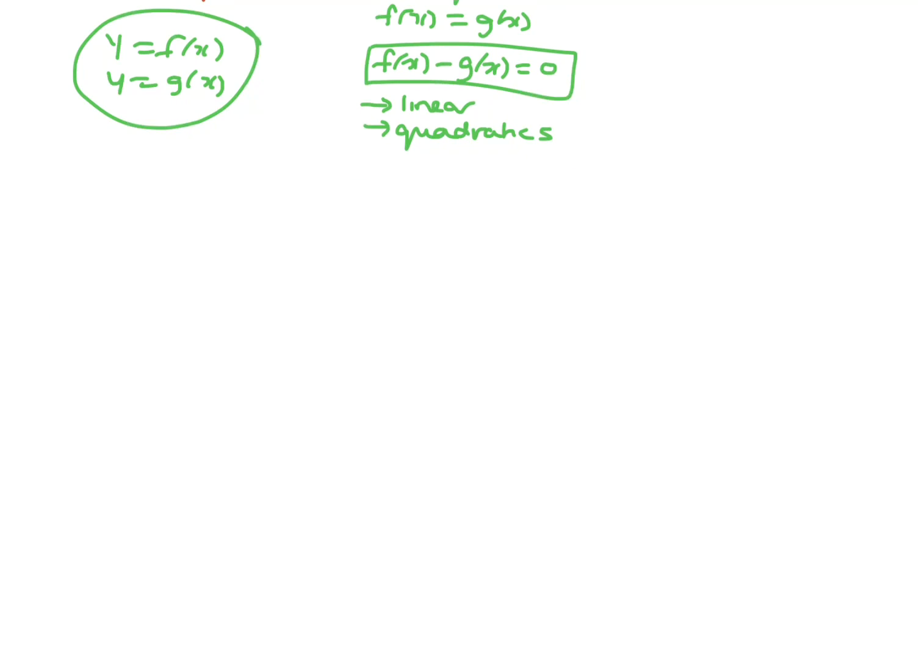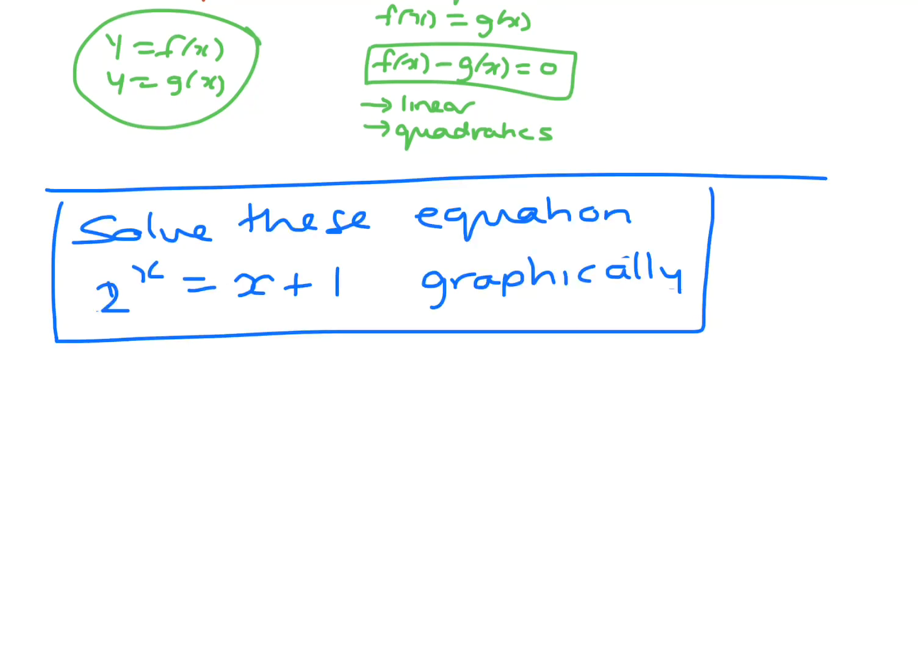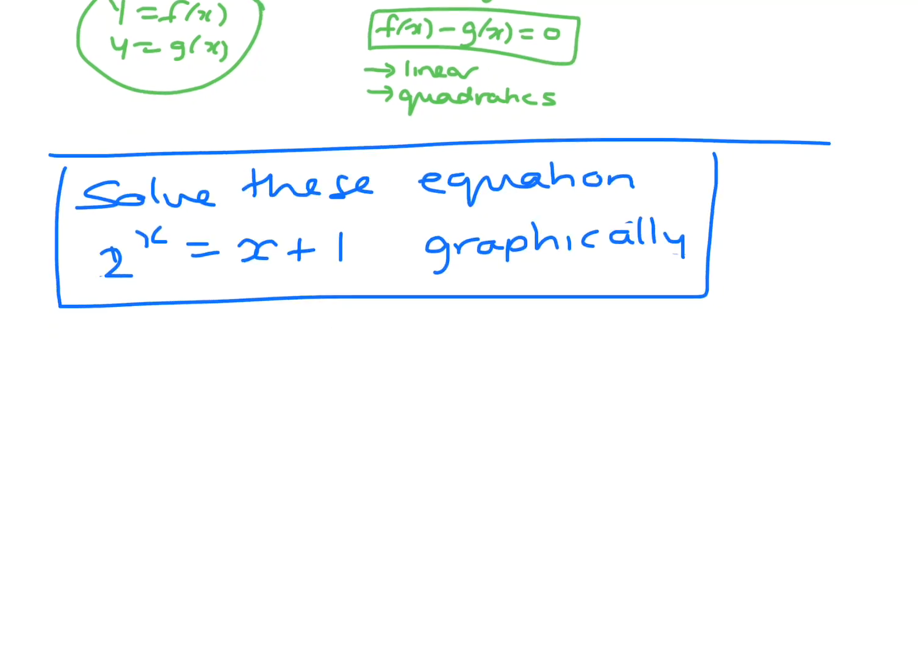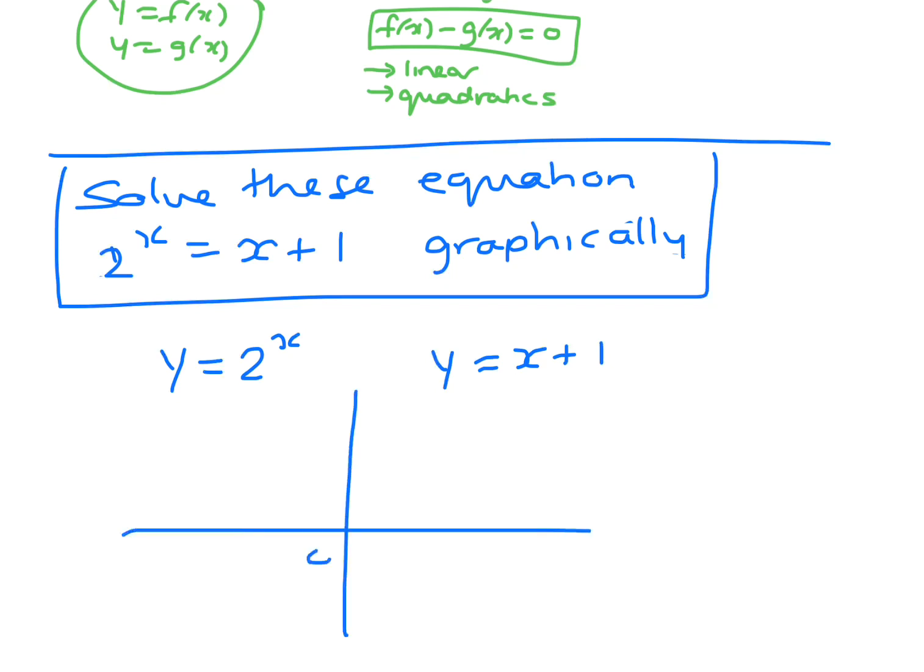Okay. So say to solve 2 to the x equals x plus 1 graphically, because there's no way to actually solve that algebraically, you make y equal 2 to the x and y equal x plus 1, and then you sketch y equals 2 to the x, so it looks like that, and when x equals 0, y is 2 to the 0, which is 1, so it goes through there.